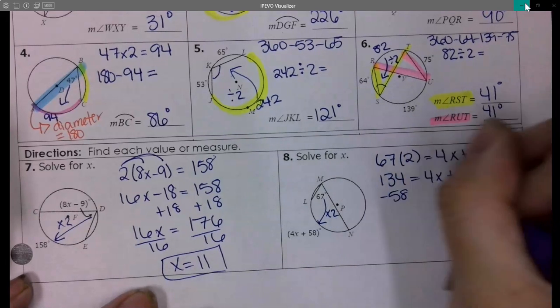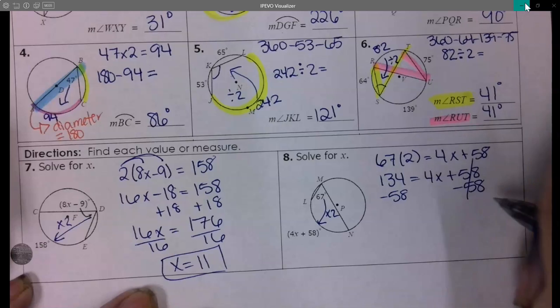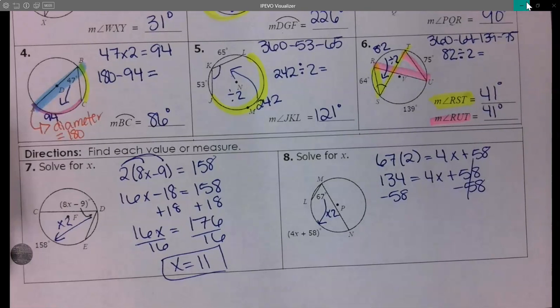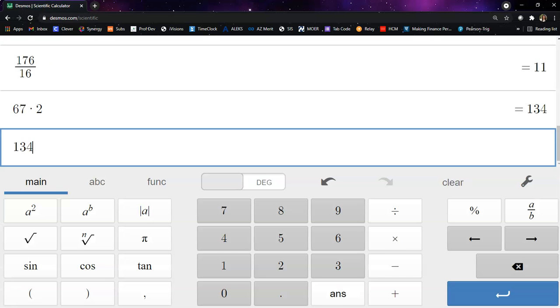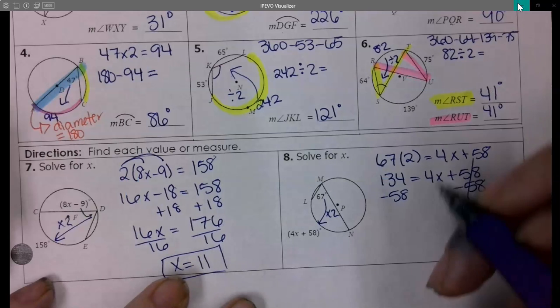Then I want to subtract 58 from both sides, which will cancel out on my right. And then I need to go to Desmos to figure out what I get on the left, which gives me 76.